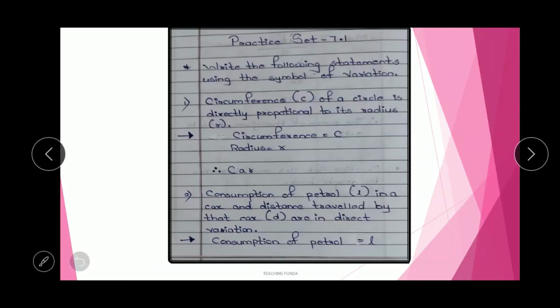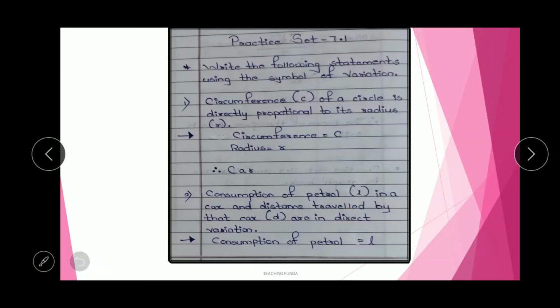Now in direct variation, as I told, x is directly proportional to y. So here C is directly proportional to r, so C ∝ r. Here ∝ is alpha, a Greek letter. Now the second question: consumption of petrol L in a car and distance traveled by that car D are in direct variation.